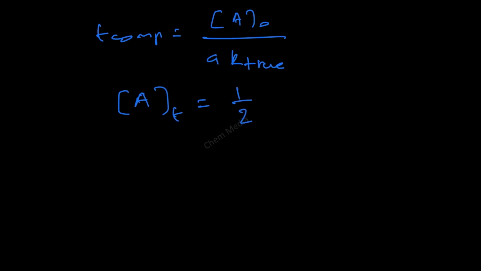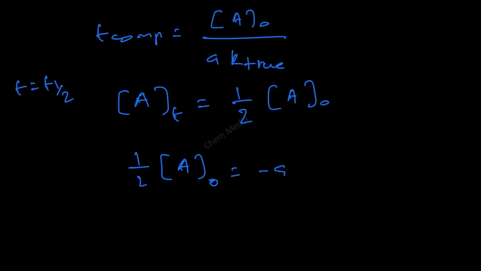this would become exactly half, isn't it? When T equal to T half, that is something we all know. So therefore, half times initial concentration is equal to minus A times K true times T half plus initial concentration.